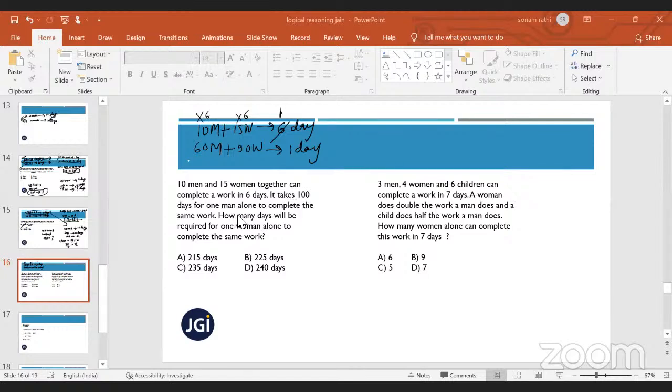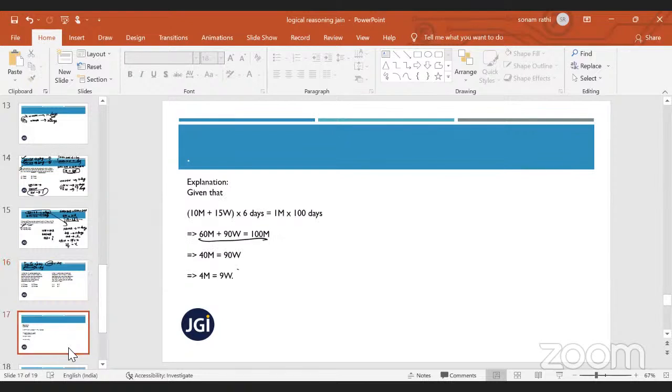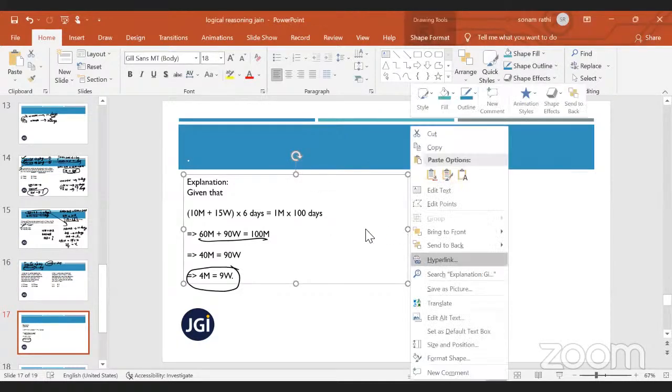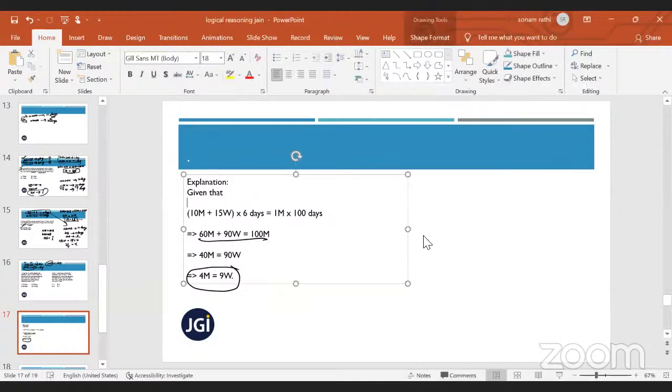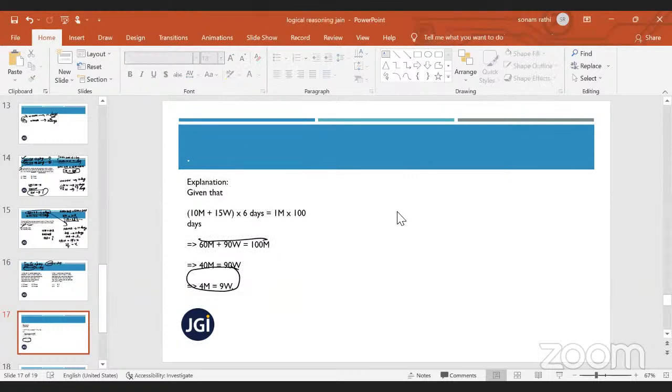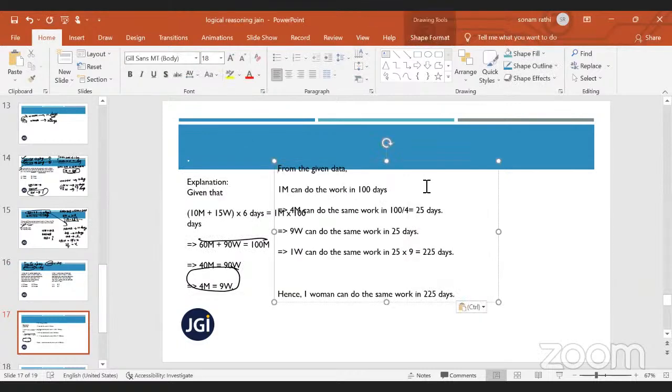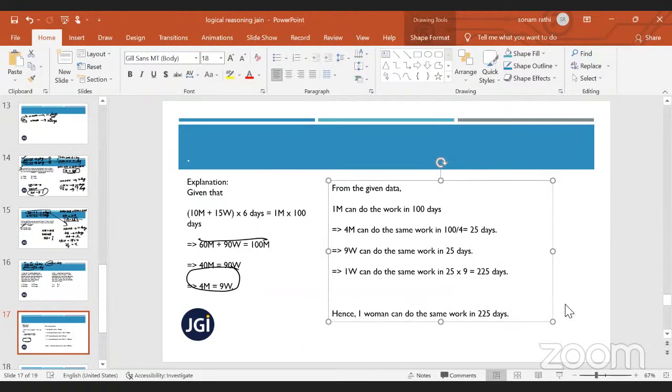So it means 100m is equal to 1 day. I can equate this to this. If I do that, this is equal to this, I will get this. Up to here clear? No doubt. Okay, now after that, what will I do? Check this. See this?